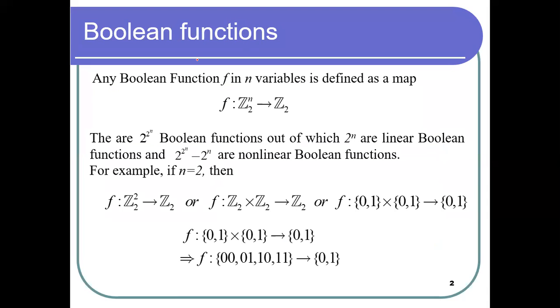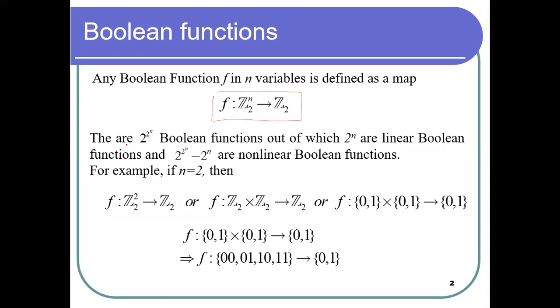The first definition is: what is a Boolean function? If you can see this one, this is a Boolean function that maps n variables to a single variable. So I can say this is a single-valued Boolean function that takes an input and maps it to a single output.